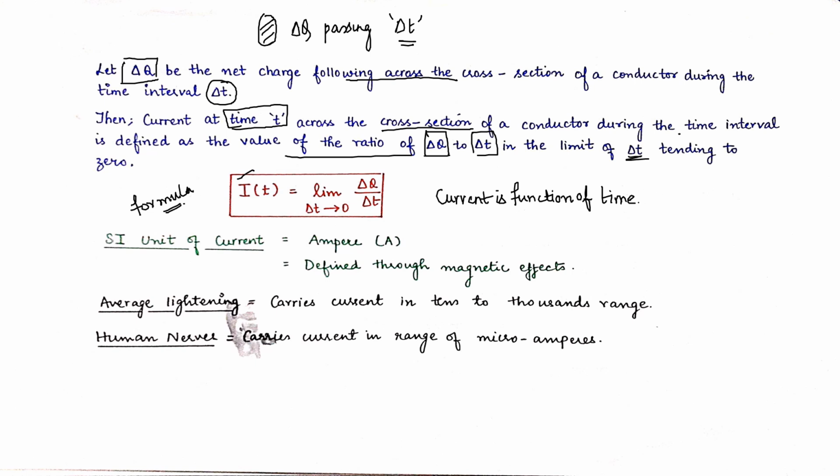Just see over here, if we take an area, and from this particular area the number of charges which are going to flow is 10, and similarly we have another area. From here also the number of charges flowing equals 10.